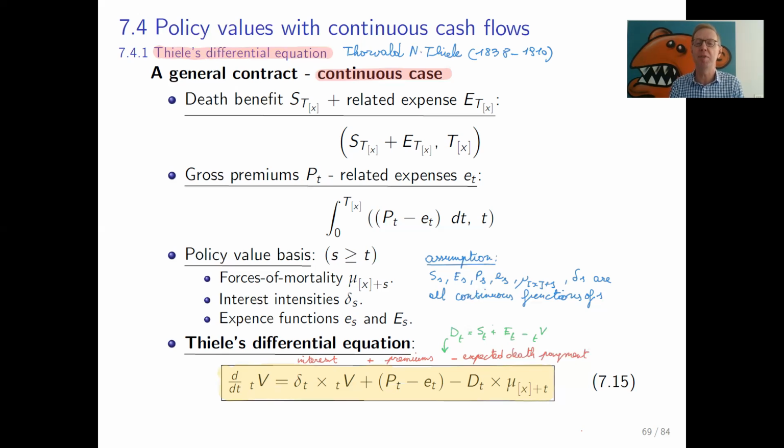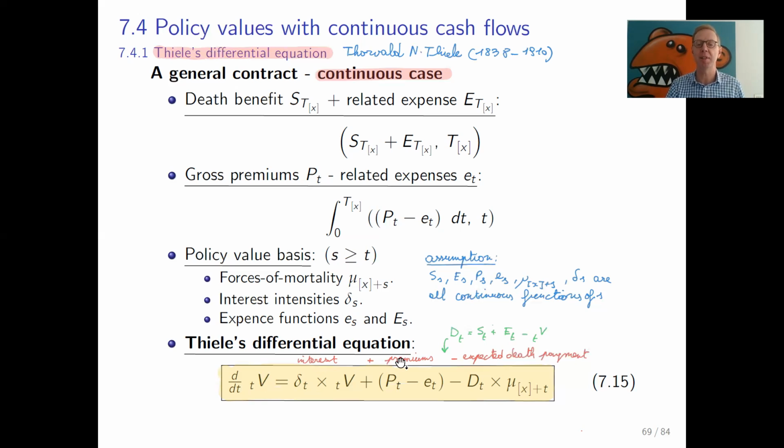Well, if you look at dV t, it is in fact the change in the policy value between time t and t plus dt, or it is V t plus dt minus V t. So how is this changing in a continuous way? d/dt V t is caused by three parts, as we have seen also in the discrete case.